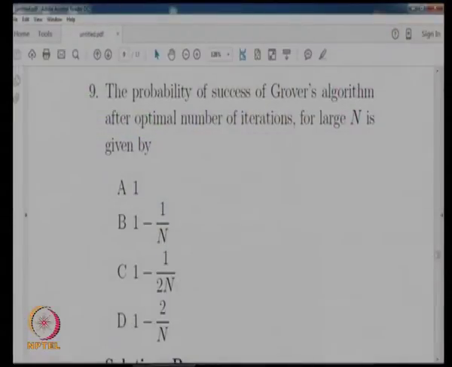Let us look at question 9. In question 9, we are asked to find the probability of success of Grover's algorithm after optimal number of iterations for large n. So we are assuming that n is very large here.